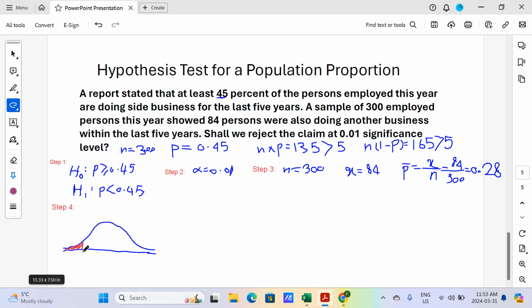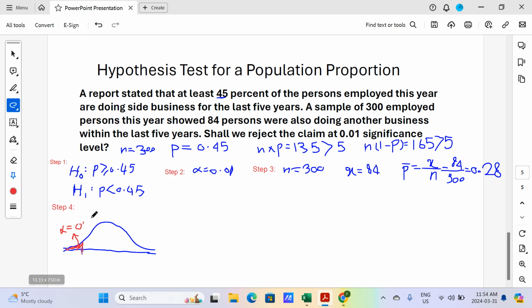Okay, I need to identify the rejection region clearly. I need this cutoff point. I have the area of the rejection region: the probability that a z value falls on the left side of the cutoff point is 0.01, or very simply, the area of the rejection region is alpha.